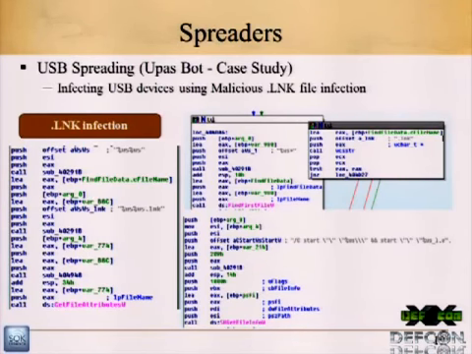It simply places the link, and the bot is in it. So whenever the USB is inserted into another system, it checks for the autorun file as well as the malicious link file, and then it triggers the exe file on the system, spreading the bot from system to system. This technique works pretty well, and it's been one of the core techniques of the UPass bot.